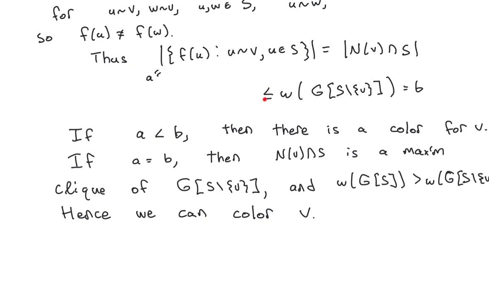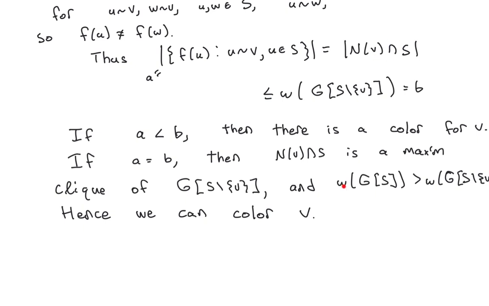So if I have strict inequality here and A is less than B, then that means that not every color got used for the neighbors of V, and so there must be a color left. So it's possible to extend f to color V. So that's great. What happens if A is equal to B? Well, in that case, the intersection of the neighborhood of V with S has to be a maximum clique because it's the same size. And in particular, if I add V to this set, I get a larger clique.